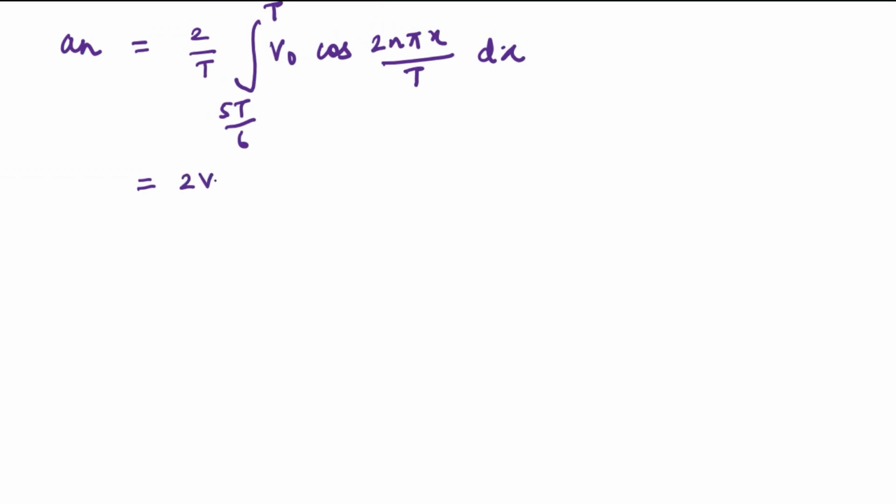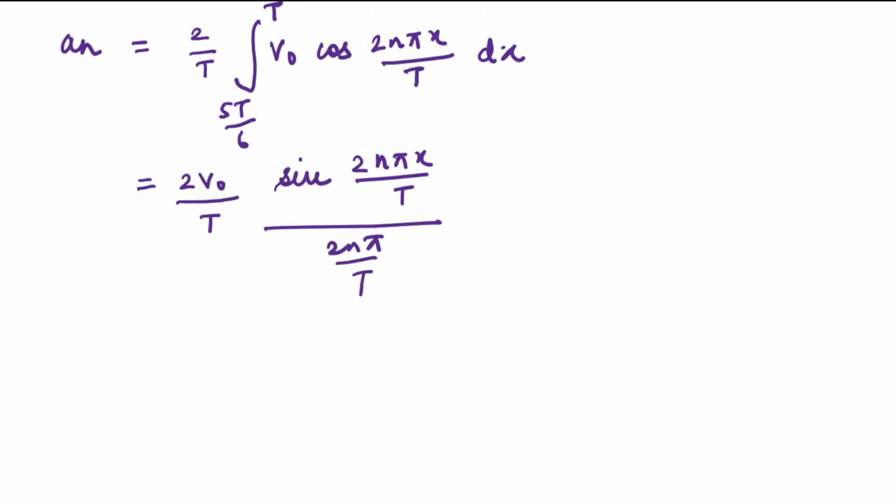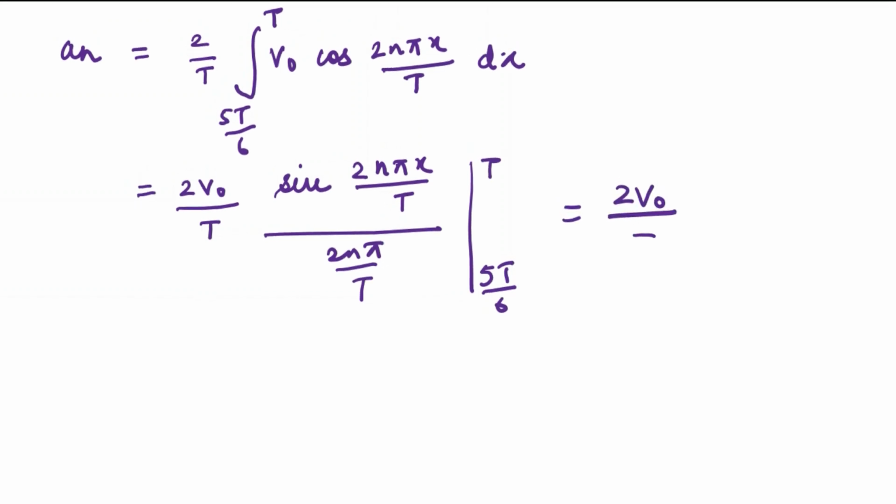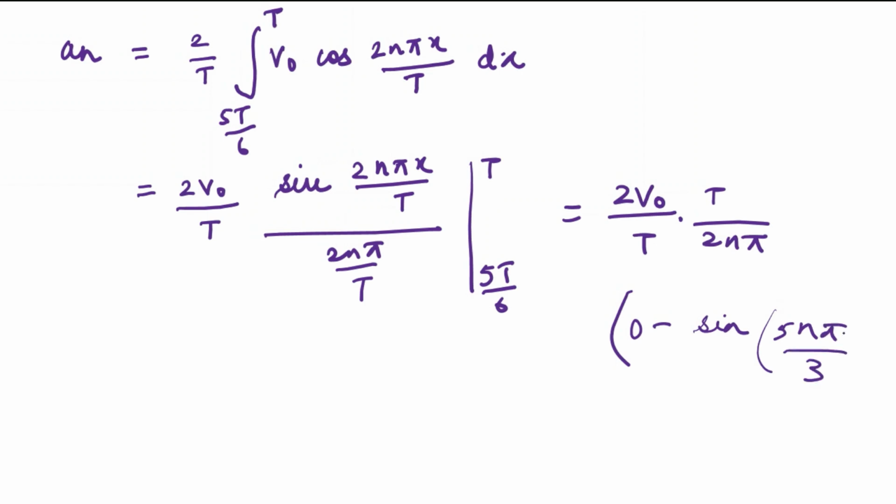We can take V naught out as it is a constant, and the integration will be sine 2n pi x by T upon 2n pi by T, from 5T by 6 to T. 2V naught upon T, T upon 2n pi, and 0 minus sine 5n pi by 3.